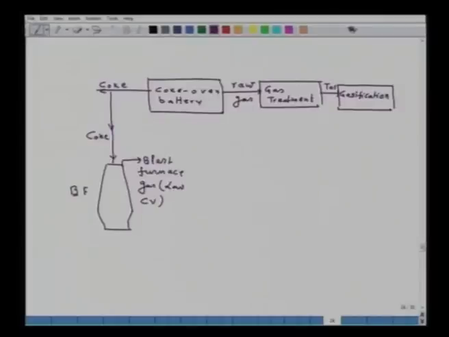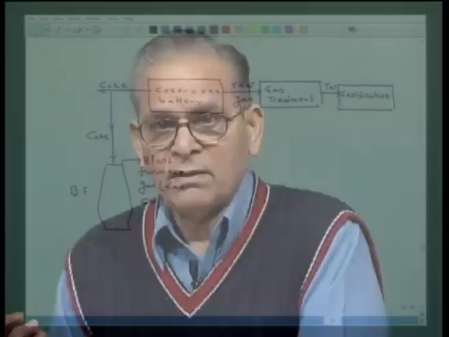And by the gasification, you can produce another fuel, gaseous fuel, because tar contains carbon, hydrogen. So one can gasify it, carbon converts to CO, one can gasify in presence of steam. So further CO and hydrogen can be produced.